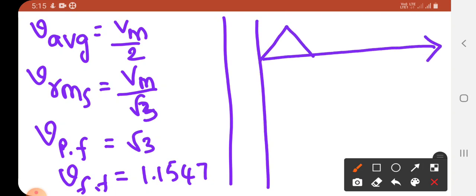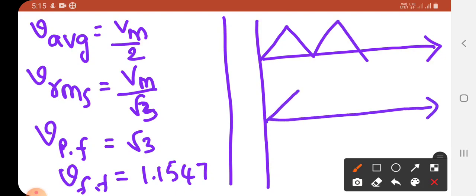Okay, yes, it is applicable for various waveforms like this. It is also applicable for this. The same derivations you can make. It is also applicable for this voltage. Wherever you have the triangular shape, there you can apply.